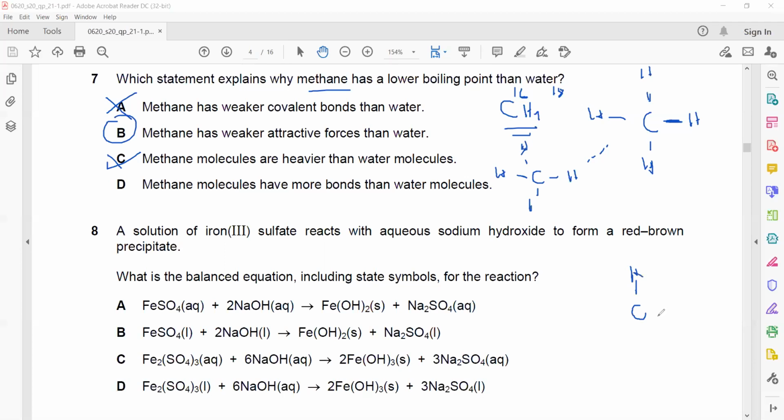Methane is CH4 and water has only two bonds. But this does not have anything to do with the question, which mentions a lower boiling point. So to have a lower boiling point, a weak attraction is there between the molecules.